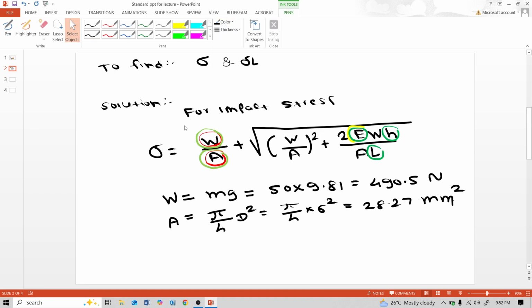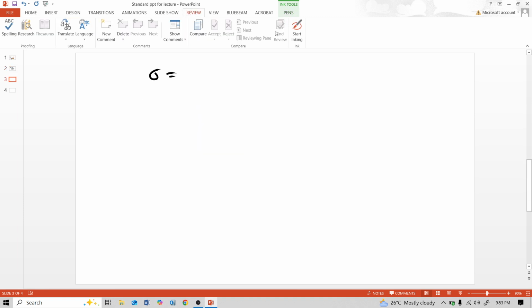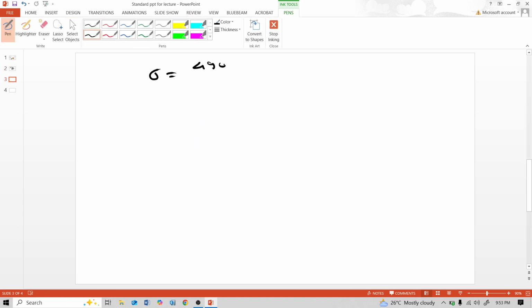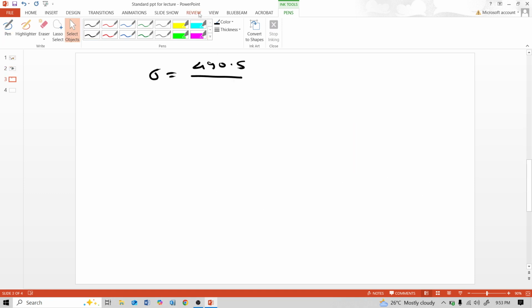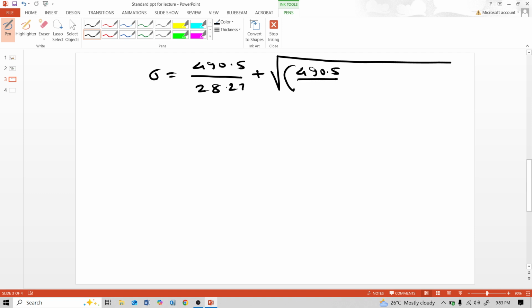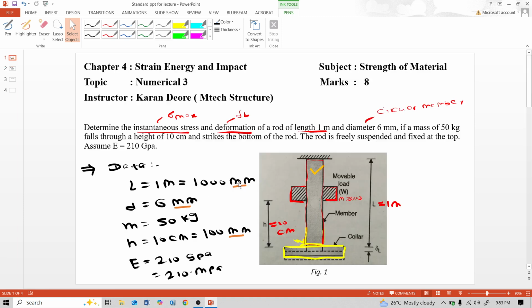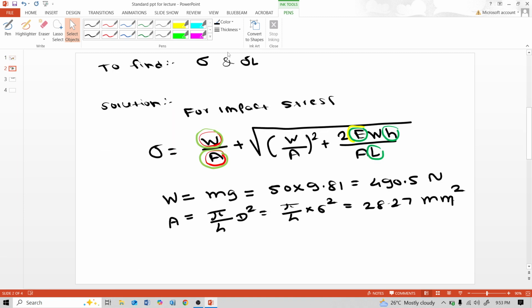Sigma is equal to W, 490.5, upon area, 28.27, plus under root of this same term squared, 490.5 upon 28.27 square, plus 2 E, which is 210 MPa.